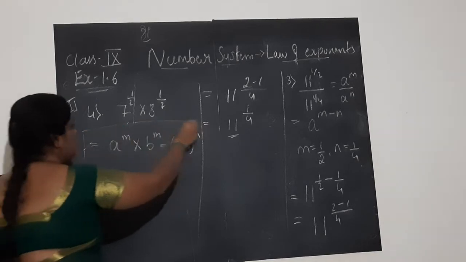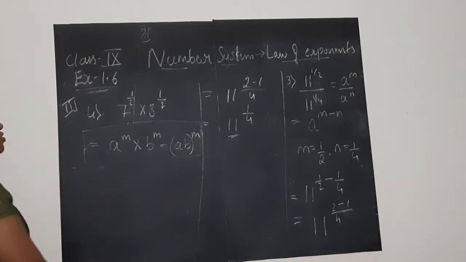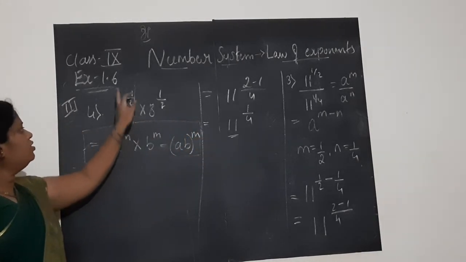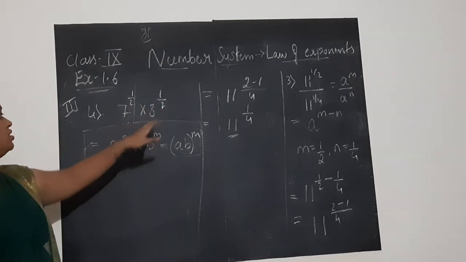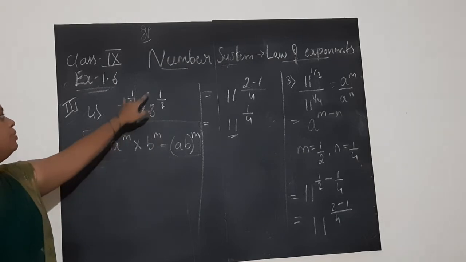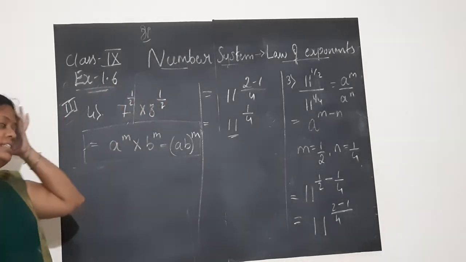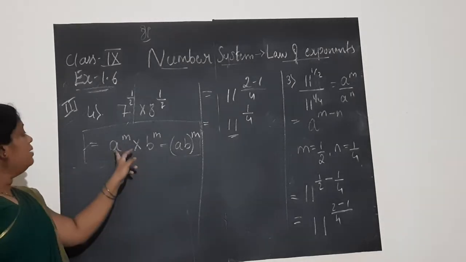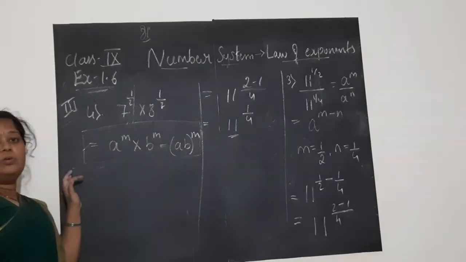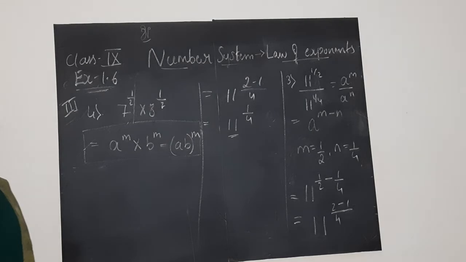This law of exponent you should write, children. The fourth question is of the form 7 to the power half into 8 to the power half, where the base values are different, a and b are there, but the power values, half, are the same. So a power m into b power m is ab to the power m.